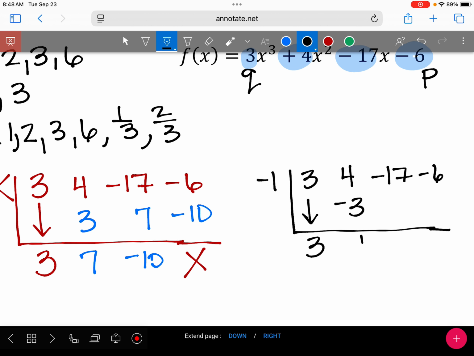Add, you have 1. 1 times negative 1 is negative 1. I can already tell this is not going to end favorably. So that didn't work either. So it's not 1, it's not negative 1. So what's going to be the next possible 0 that we test? 2. Let's do 2.